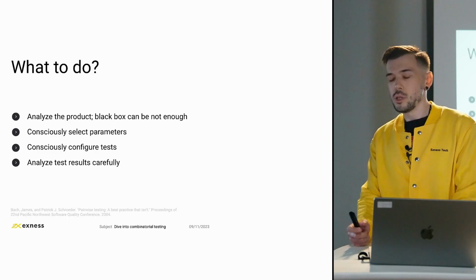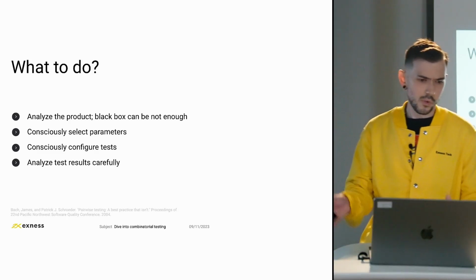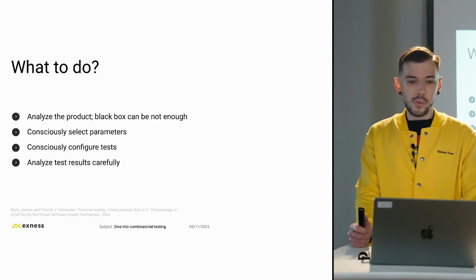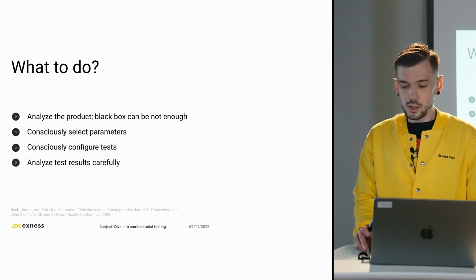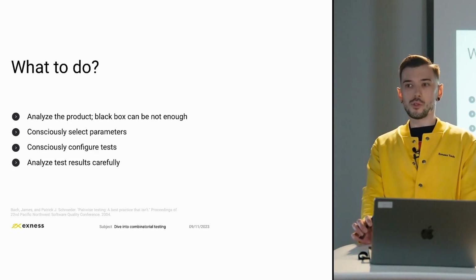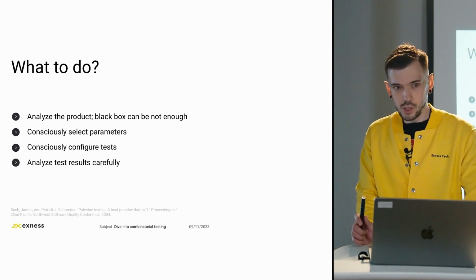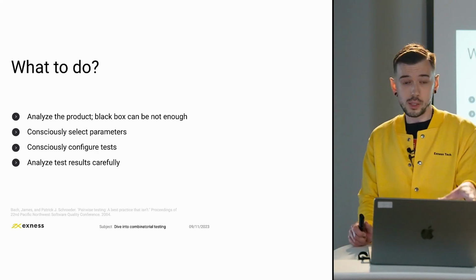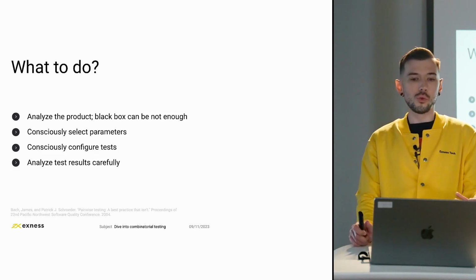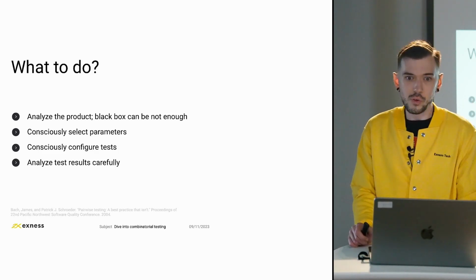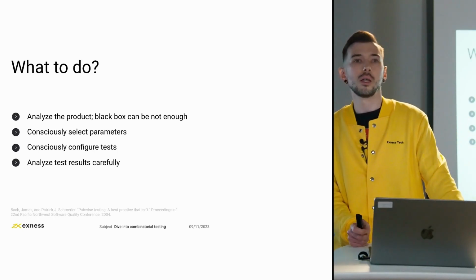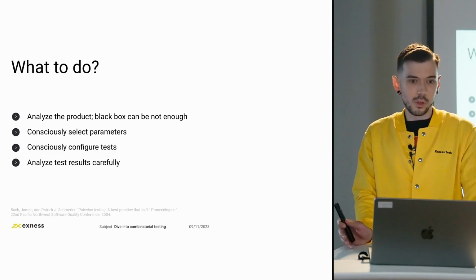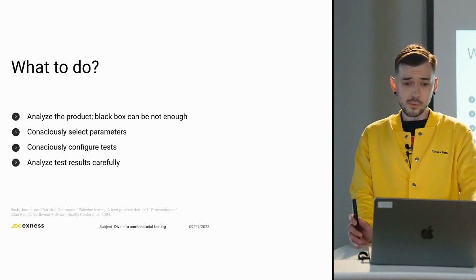Usually pairwise, three-wise, all these combinatorics techniques are referred to as black box techniques. That's a fair assessment, but to make your testing more efficient, you probably need to go to the guts of your system. And that's what I want from you: to go to your developer, probably to your system analytics, to talk about the inners of your system, and probably go and check the code by yourself.